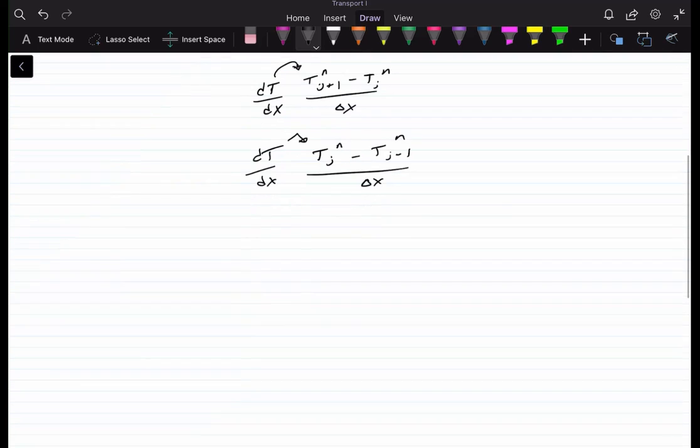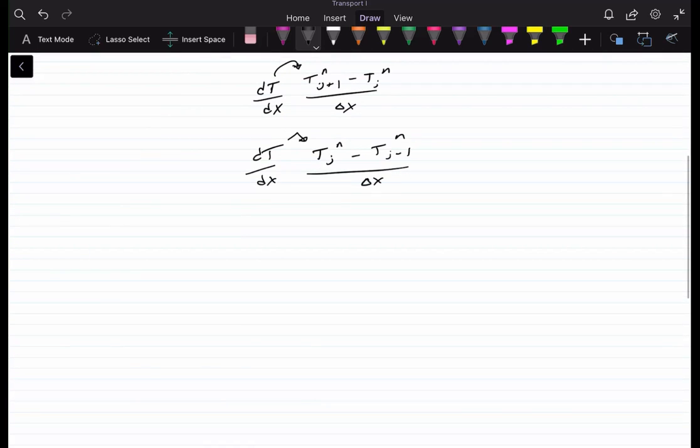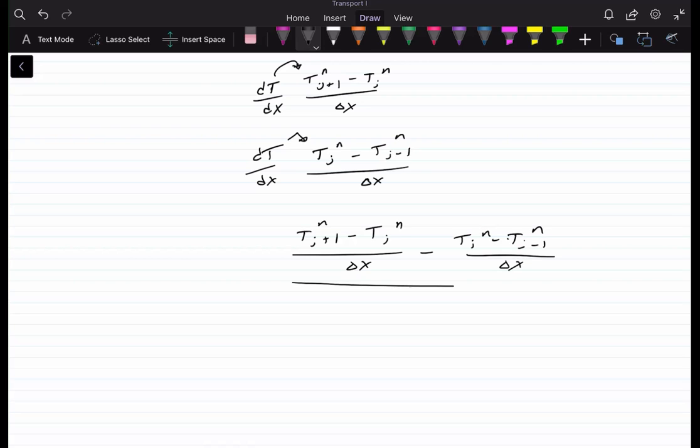So we can do TJ plus 1 n minus TJn over delta X, so the first finite difference, minus the second finite difference, and then all over delta X. So this here is the second derivative of that.